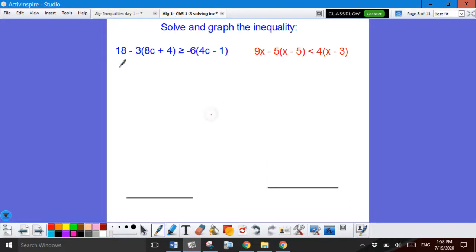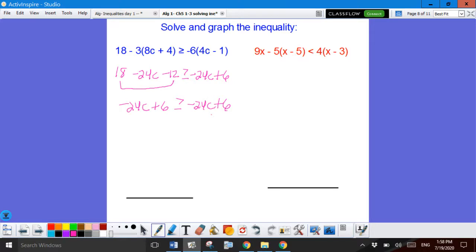All right. So 18 minus 24c minus 12, greater than or equal to negative 24c plus 6. Now, these two are like terms. So negative 24c plus 6, greater than or equal to negative 24c plus 6. Well, this is really interesting.